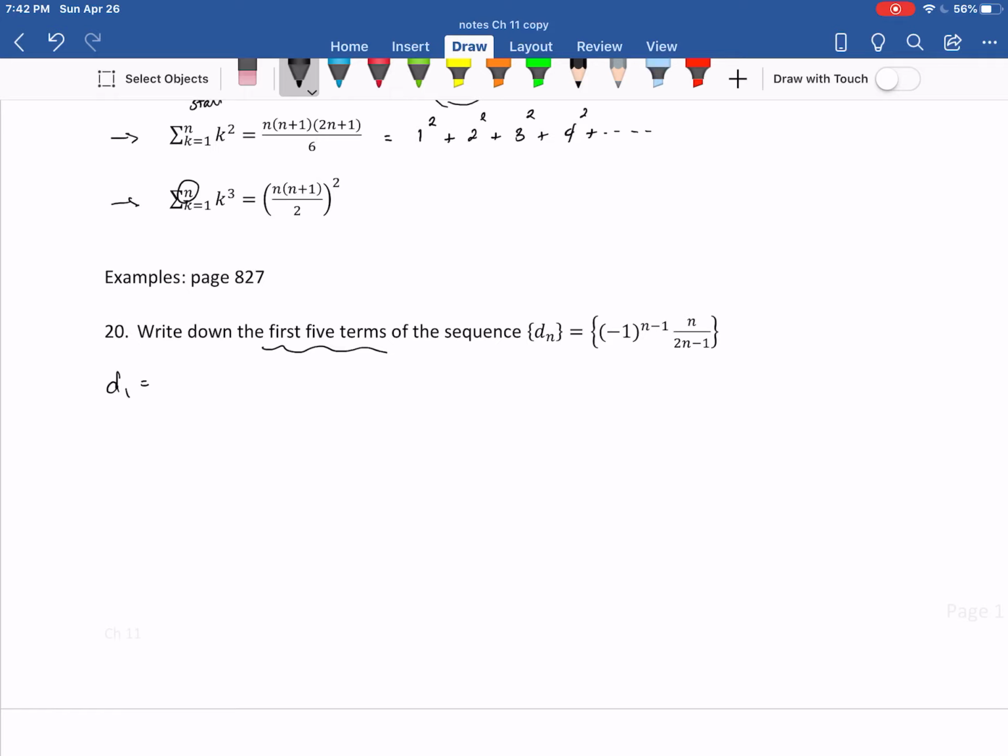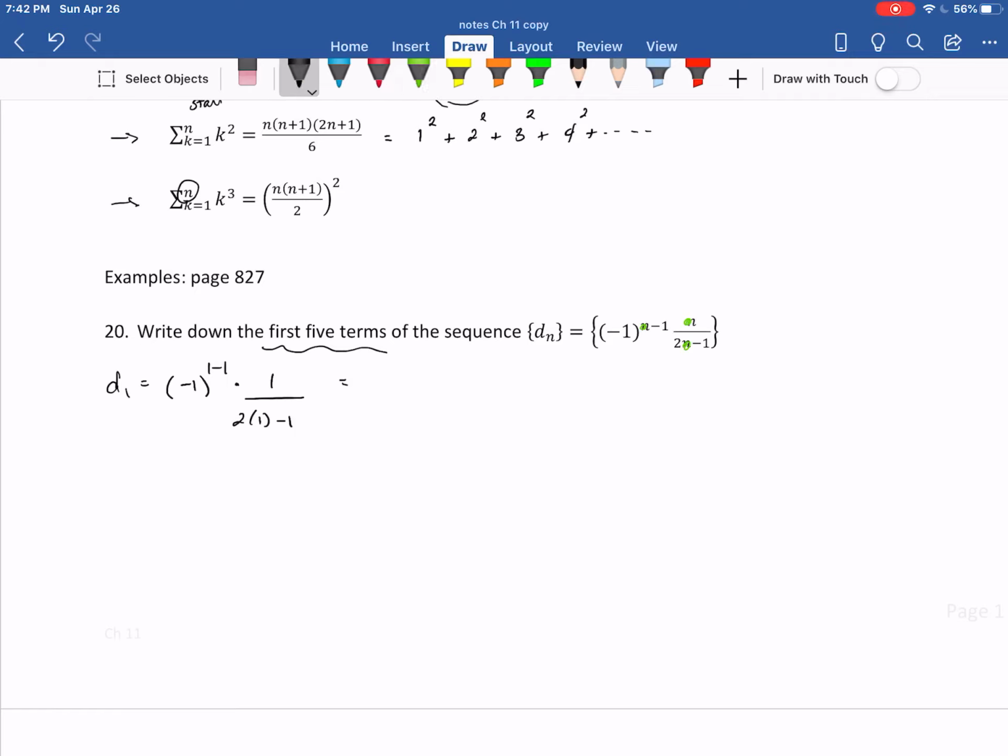So I'll write it all out. So it's negative 1 to the exponent 1 minus 1 times, now n is 1, remember, 1 divided by 2 times 1 minus 1. So you've substituted the value 1 in place of the n's up here in your expression. Here and here and here. All of that became a 1.